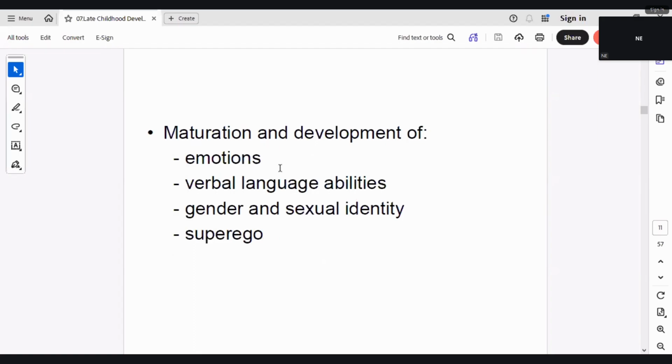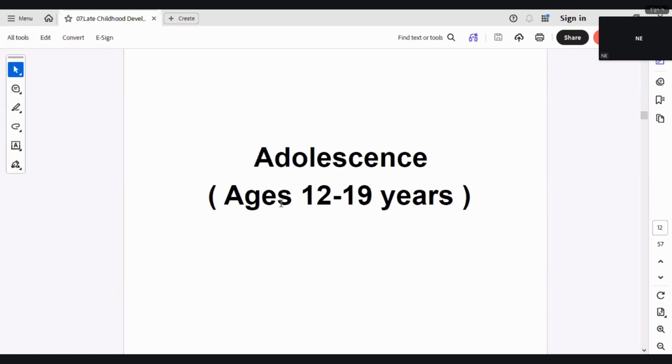And development, again, of more verbal language abilities, gender and sexual identity. The superego is what governs their moral understandings and behaviors, and more development of emotions.